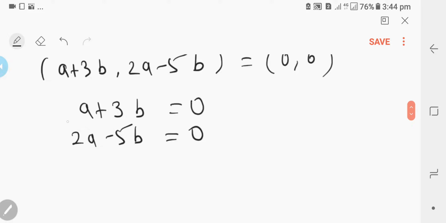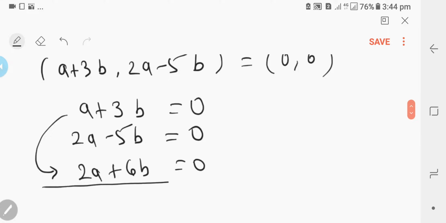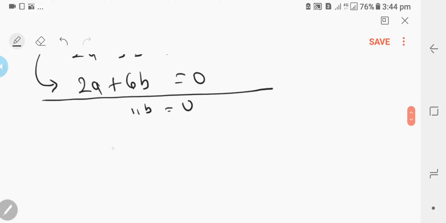you get 2a plus 6b equals 0. Now you subtract this, then you get 11b equals 0. That is, b equals 0 and a equals 0.